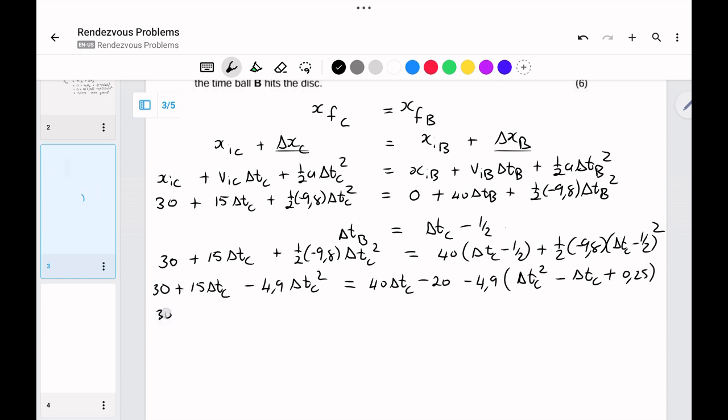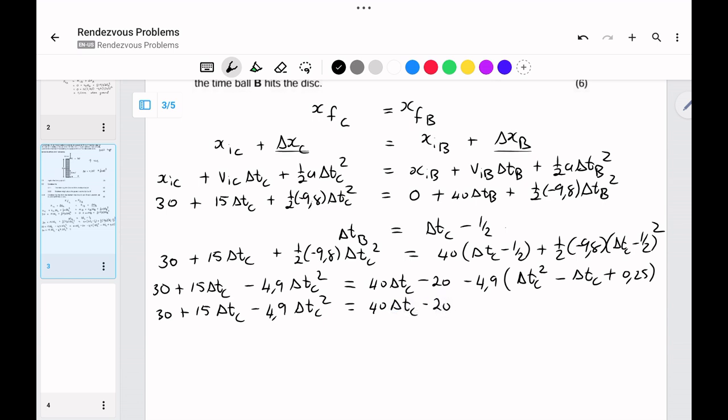And then the left hand side is not going to change for now. The right hand side I'm going to distribute into the bracket. Okay, so minus 4.9 times delta t C squared is going to give me minus 4.9 delta t C squared.